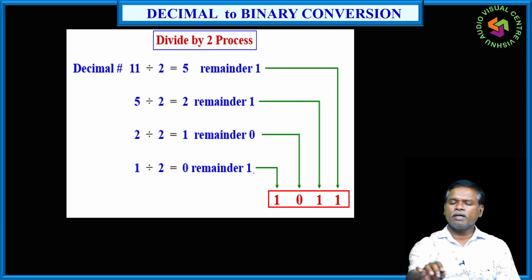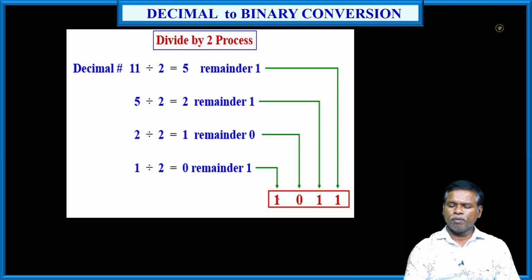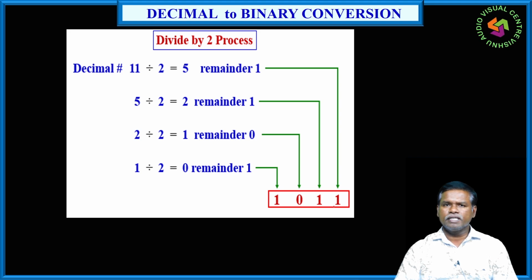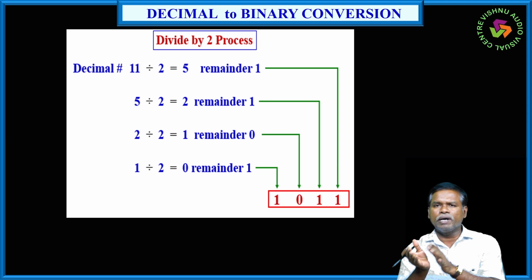Now, what is the binary equivalent of the given decimal number 11? Reading from the last remainder to the first remainder, 1011 is the equivalent of decimal number 11 in binary. So this is how we convert a given decimal number to a binary number.